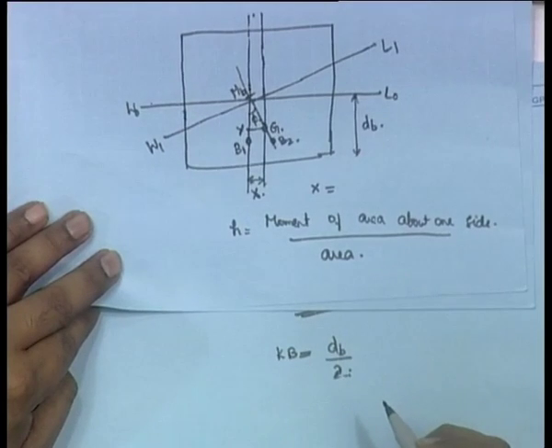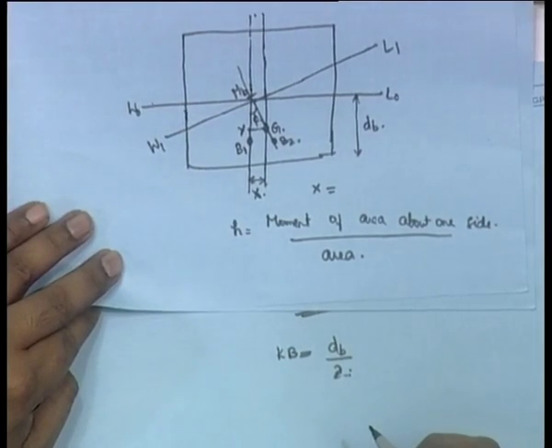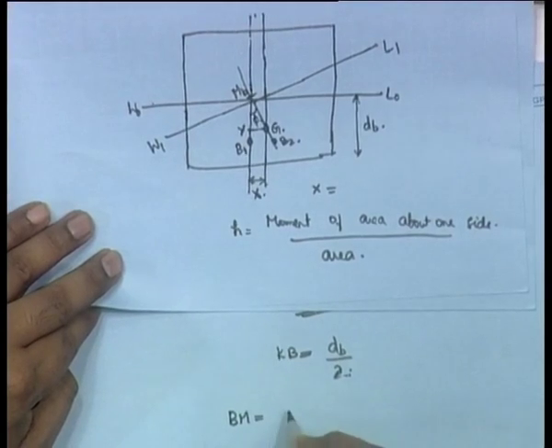Then we need to find the B m. This is K b. Then we need to find B m. B m is equal to I divided by del.